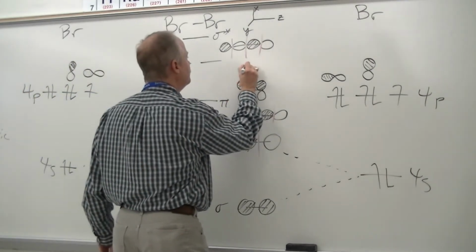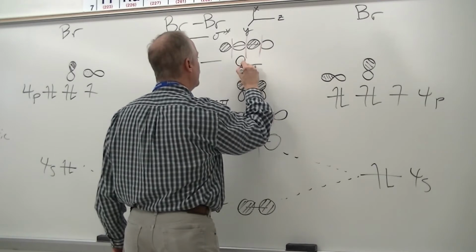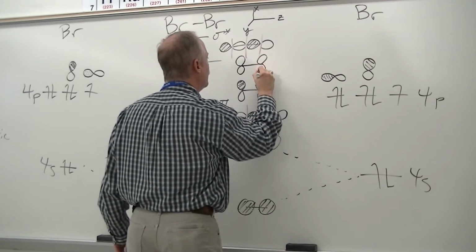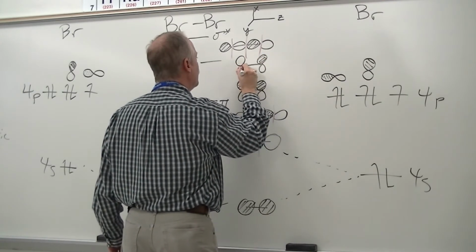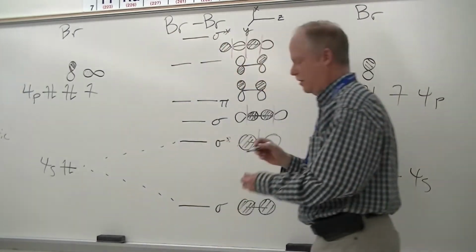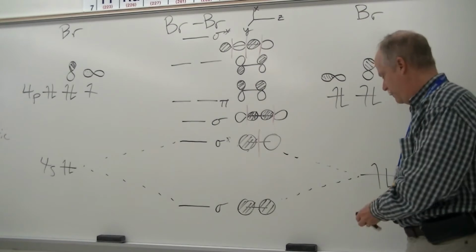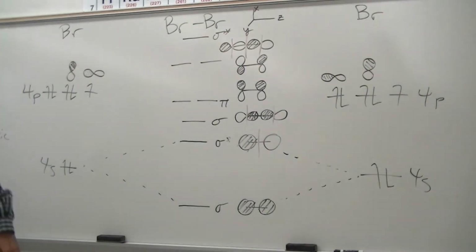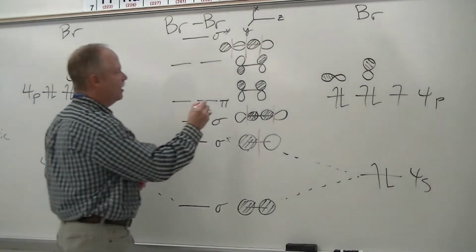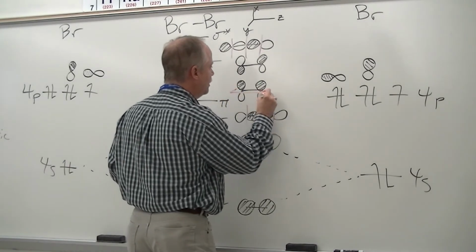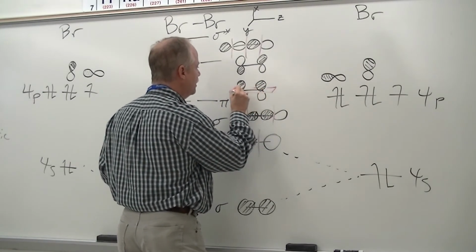So above that is this picture. Doesn't matter which one you flip, but now they're out of phase. So if we have the nodes on that one, notice all of the pi bonds have this planar node that contains the bond.